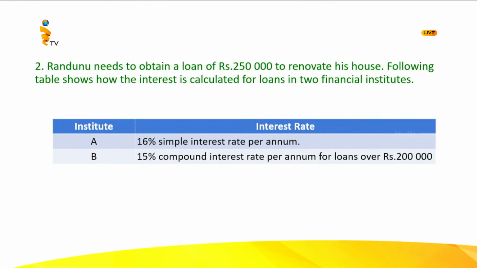In Institute A, the interest rate is 16% simple interest rate per annum, and at Institute B, 15% compound interest rate per annum for loans over 200,000 rupees. So, he is going to obtain a loan of 250,000 rupees. So, he will obtain this 15% compound interest rate from Institute B if he borrows from Institute B.